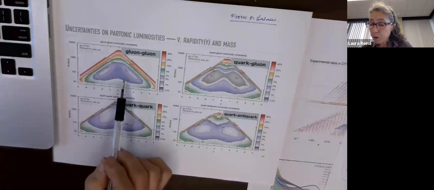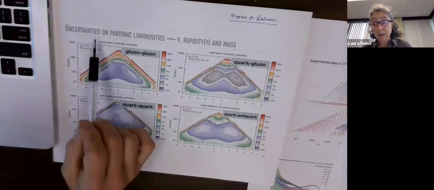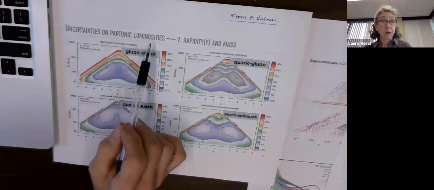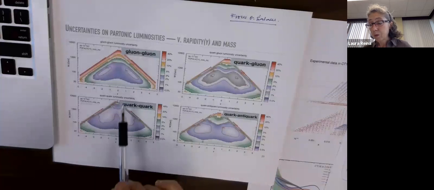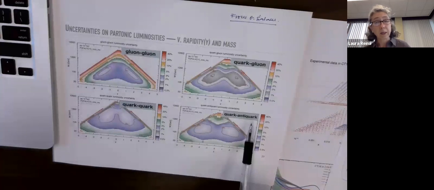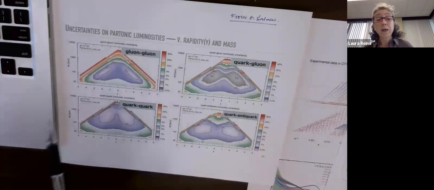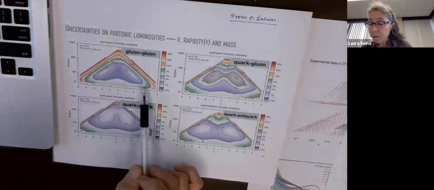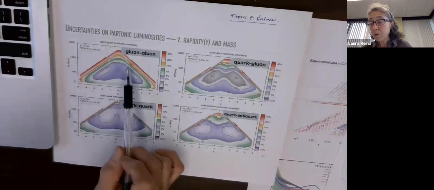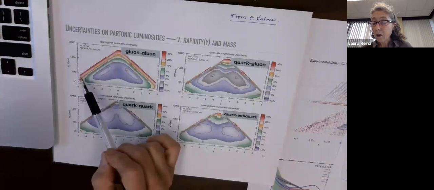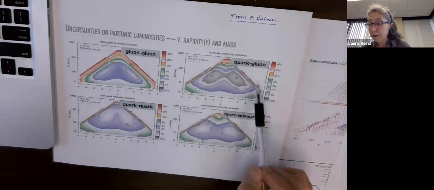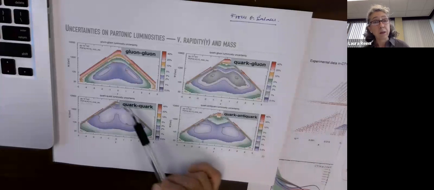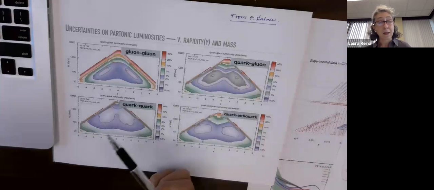And in this plot, what you see is the kind of uncertainty on parton luminosities, that are these gluon-gluon, quark-quark, quark-gluon, and quark-anti-quark luminosities that you expect from PDFs. And as you see, in most of the phase space, you never reach more than 10%. It's only in extreme regions of phase space of the PP collision that you reach more than 10%.